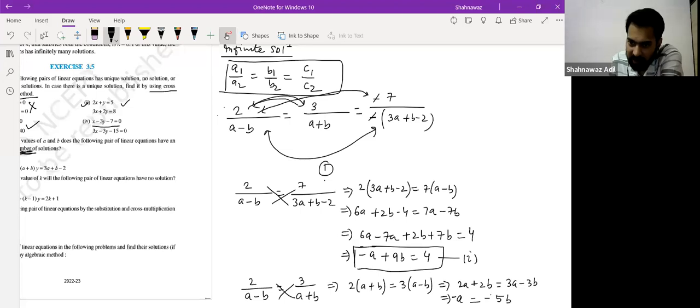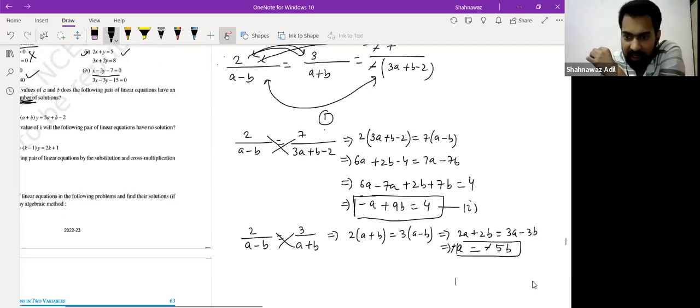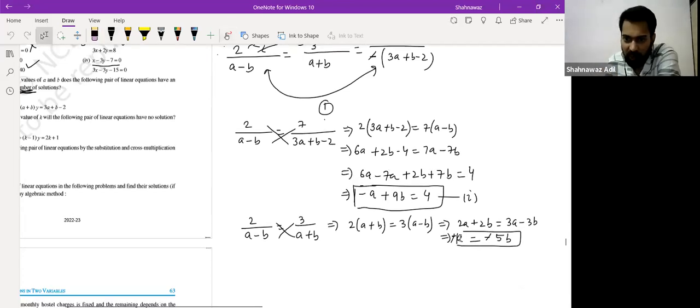So a is 5b. So this is something like a substitution method, right? We know one value of a in the form of b.